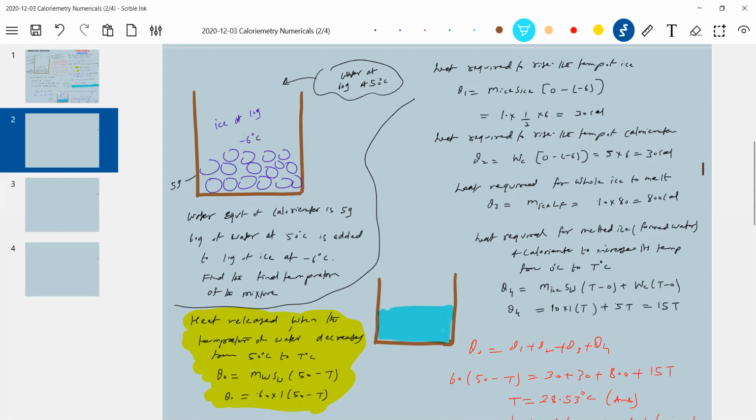Here. So you can see I'm using the word whole. 60 gram of water.